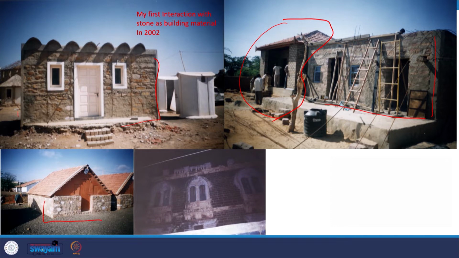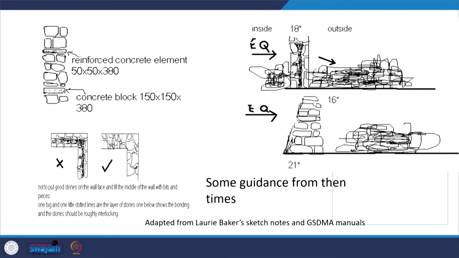That is how, with my little understanding, I started interacting with works done by various architects. One of my initial understandings of stone construction was Laurie Baker's handbook, where he talked about his work in Chamoli: how to construct with stone and how not to, the effective ways of bonding, the filling technique, and how we have to taper the surfaces.